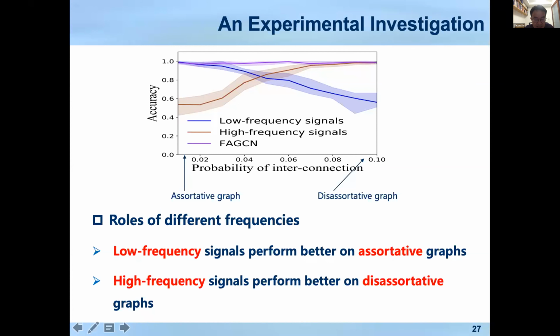The main idea is to greatly increase the disassortativity of the graph, and then we observe how the performance changes.